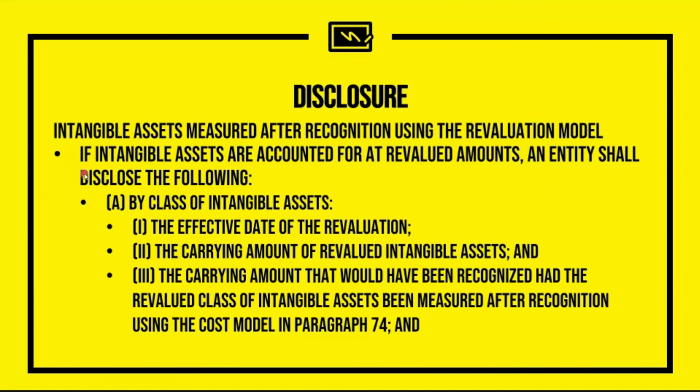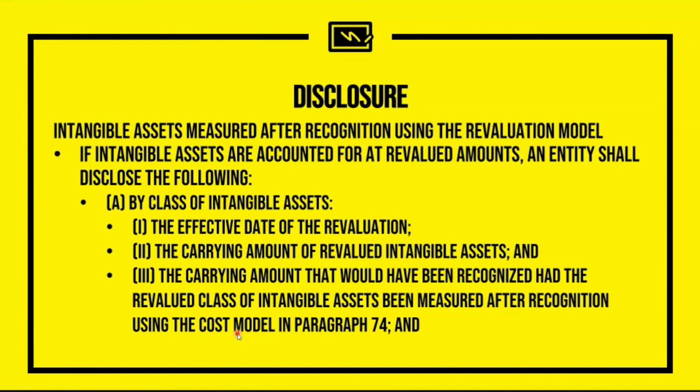Okay? So, intangible assets measured after recognition using the revaluation model. If we're going to use the revaluation model, then we need to disclose the following. Disclose by class of intangible assets, by different classes, the effective date of the revaluation, the carrying amount of the revalued intangible asset, and the carrying amount that would have been recognized had the revalued class been measured at cost.